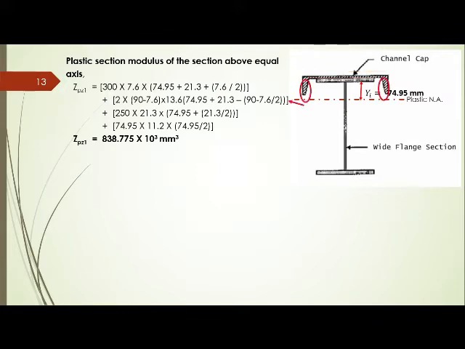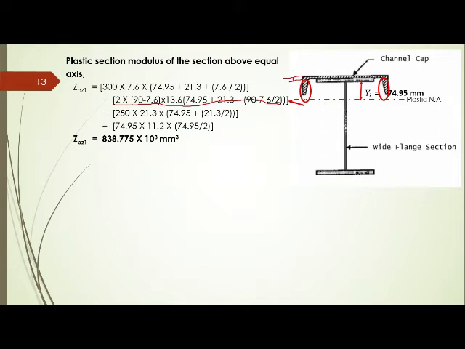Nextly, in this line, we have calculated the A of this flange of the cap channel. So cap channel is 90 millimeter, but we have to subtract 7.6 because this portion we have already taken into account for the web.